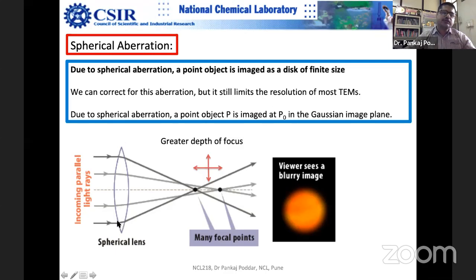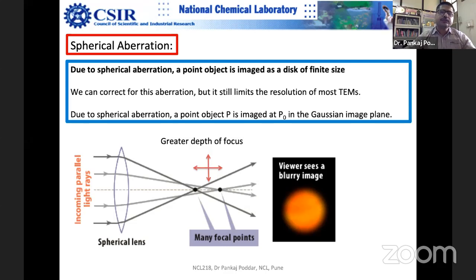If it is stronger, any electrons passing through the edges will focus at a closer distance to the lens, for example, this dot here. All the rays passing through the middle, closer to the optic axis, this dotted line, focus at the farthest point.